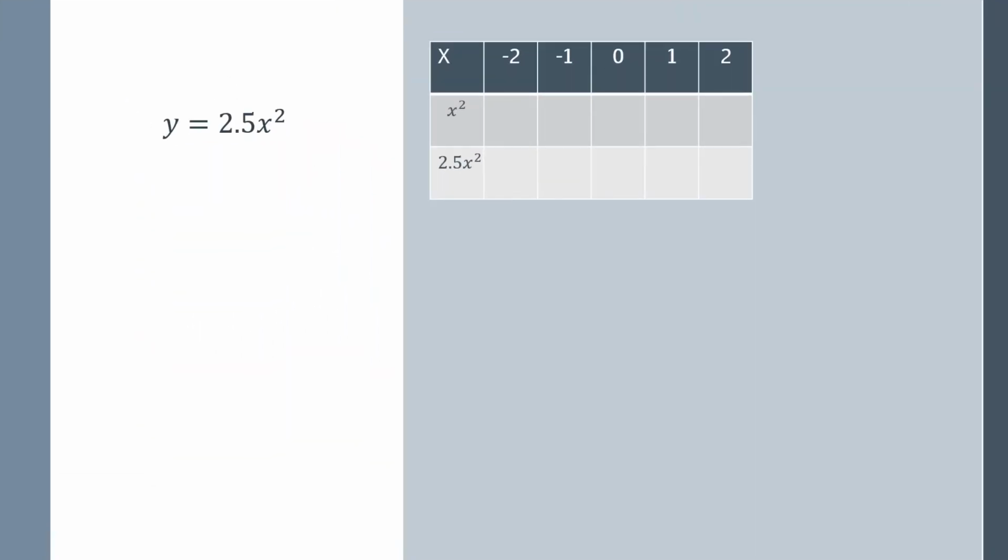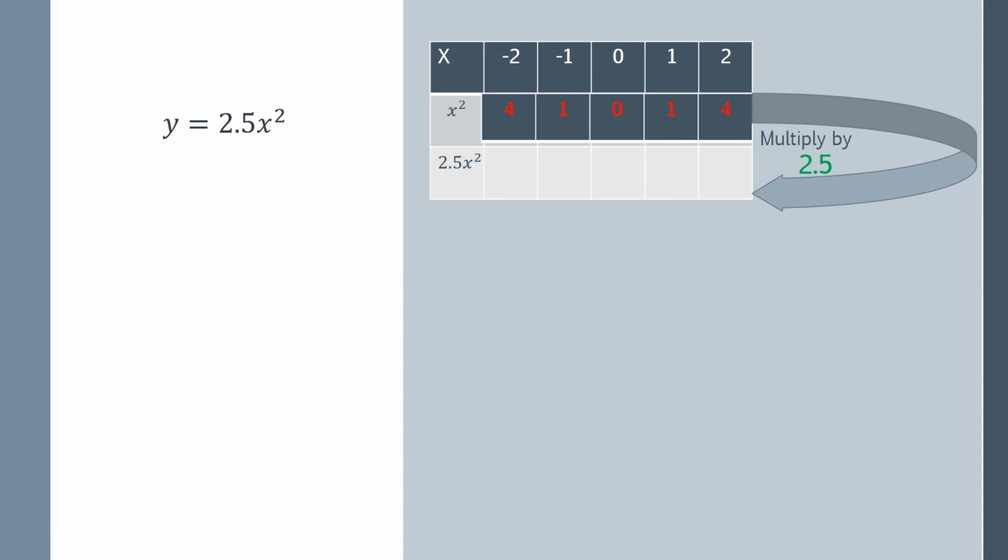Same thing if you have a decimal coefficient, which is y equals 2.5x squared. You will also draw the table of values. I took -2, -1, 0, 1, and 2. And then you will find the value of x squared, and then multiply it by 2.5 to get the answers. 4 times 2.5 is 10, and so on.